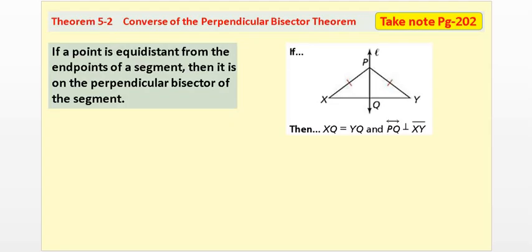So what do we know? We know that this distance PX is equal to PY. Then what will happen? This point will be on the perpendicular bisector. If this point is on the perpendicular bisector, then we can say that XQ will be equal to YQ. These two distances will also become equal, and PQ will be perpendicular to XY.